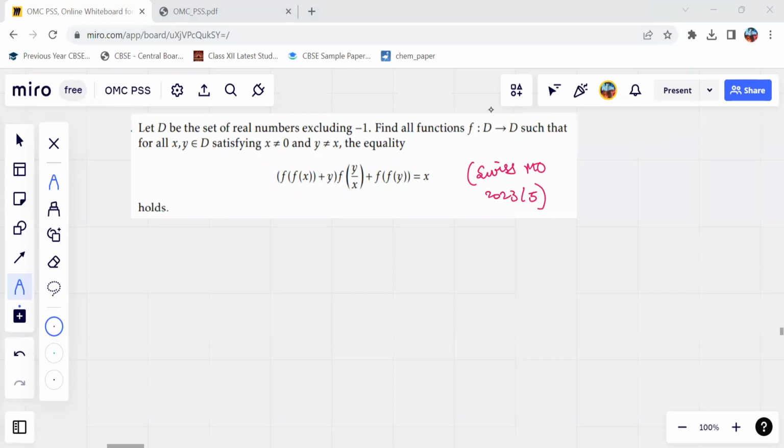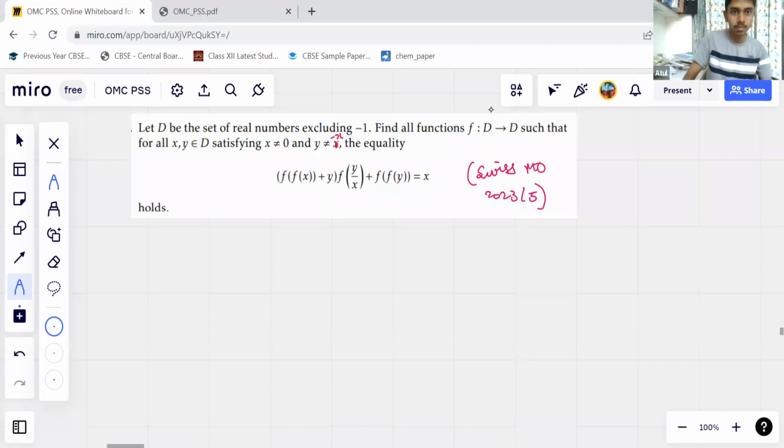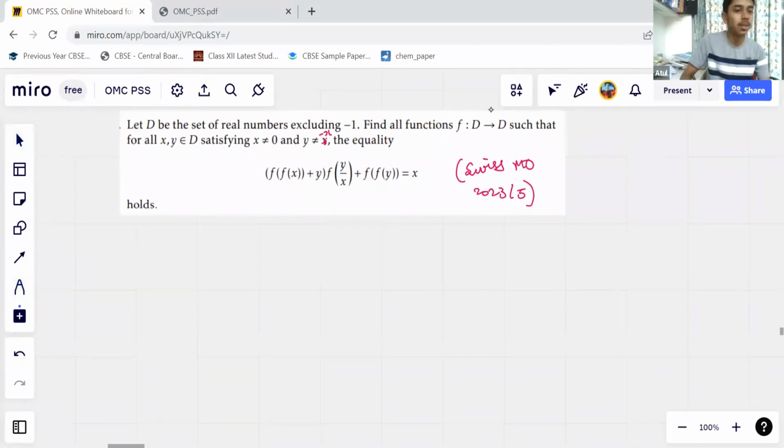I think it should be y is not equal to -x, because if y is equal to -x, then we would have something that is not in the domain of f. That is also true. I see. Oh yeah, it should probably be y not equal to -x. Okay, that makes sense. I need to edit this post on AOPS. But yes, that comes later.